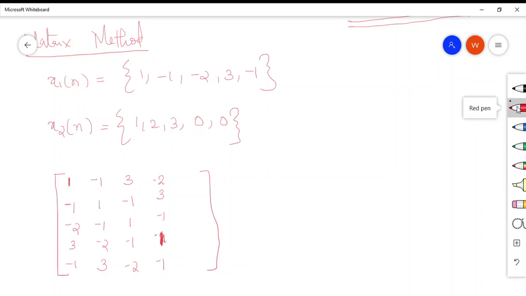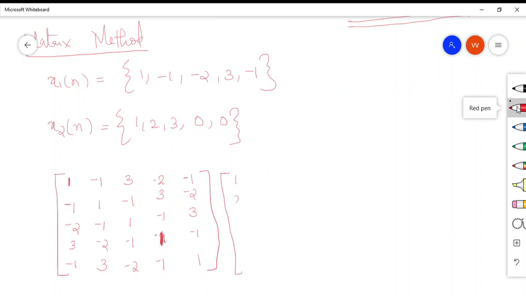So this is minus 1, minus 2, 3, minus 1, 1. Now the diagonal elements are all coming the same, so that matrix is correct now.